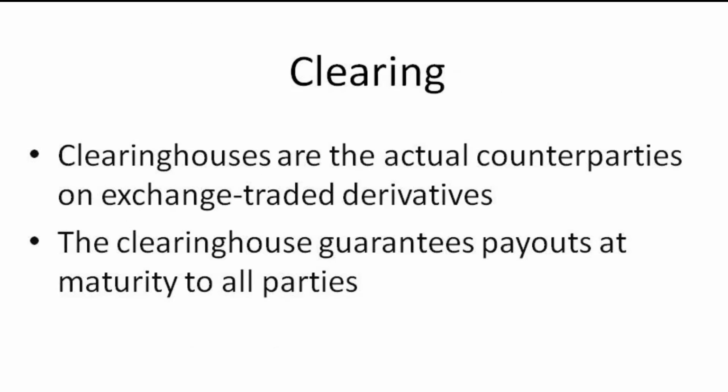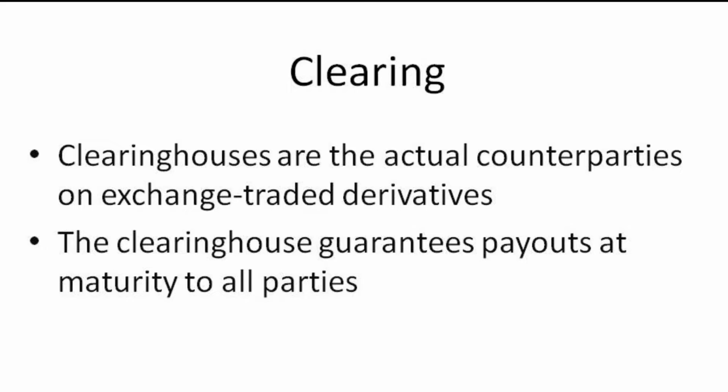So clearing houses are the actual counterparties on exchange traded derivatives. We talked about hedgers earlier, where the farmer might be selling corn futures and the producers of corn flakes might be buying corn futures, and they're each hedging a position.